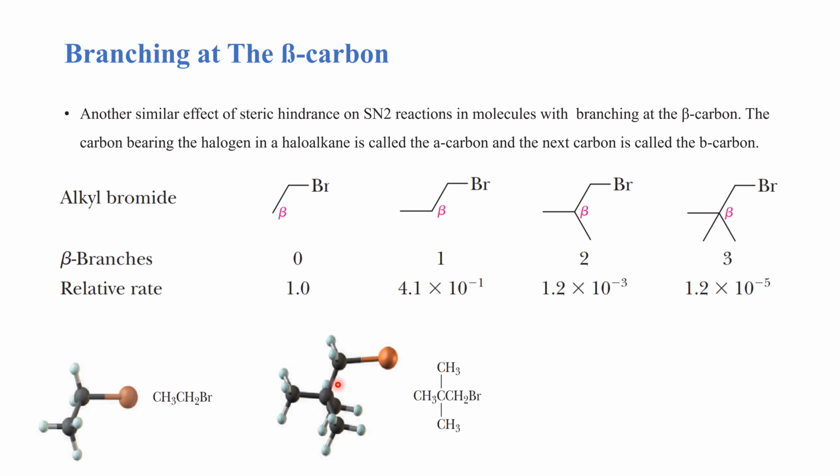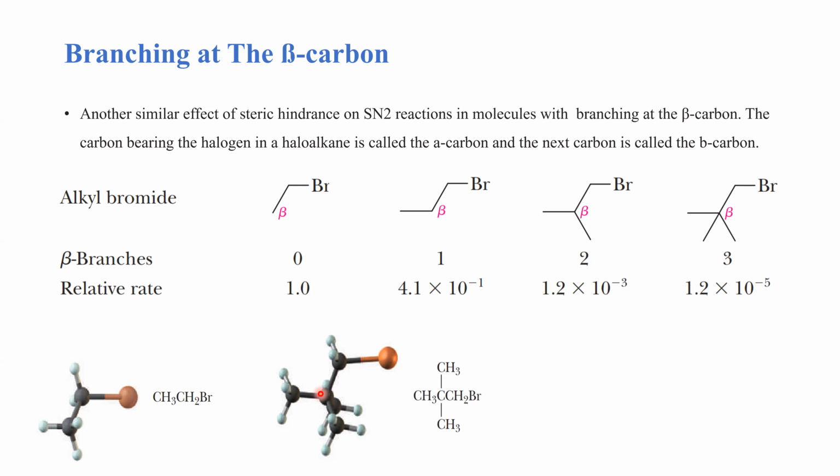This diagram is to give you the idea that once we increase the branches, though this is a primary haloalkane, from the beta carbon it is overly crowded with these alkyl groups. That's why the nucleophile does not have access to the backside to attack.